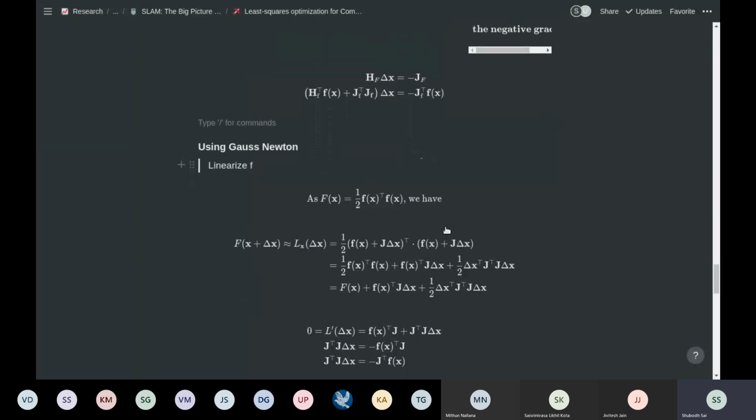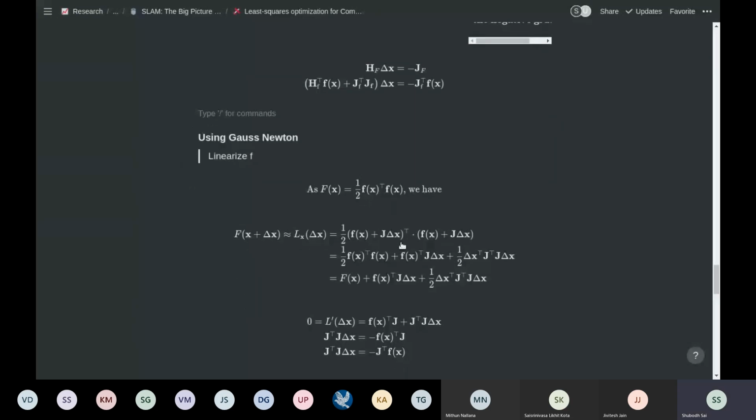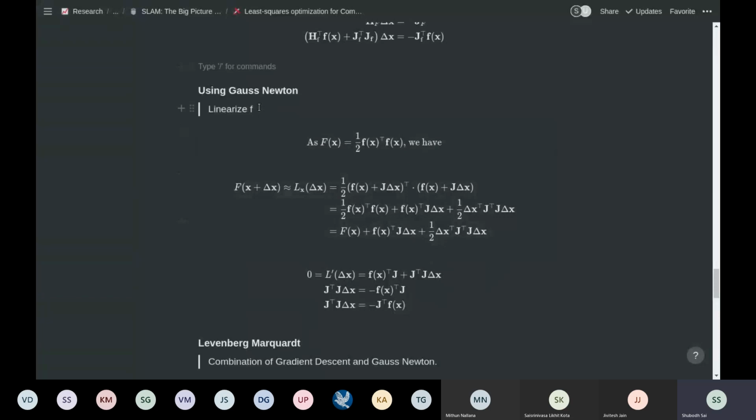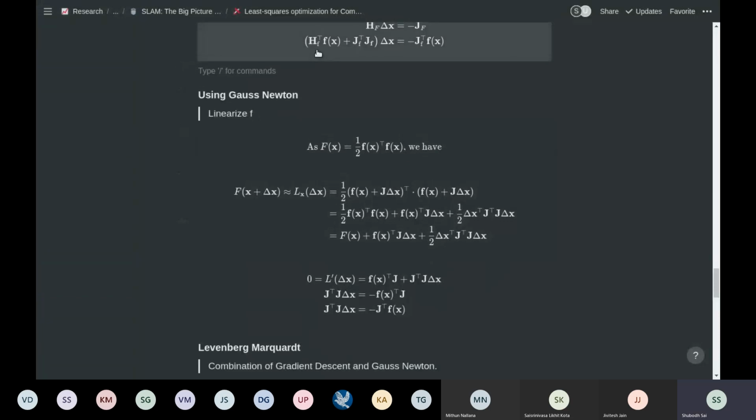Another way would be to linearize small f. In standard textbooks you'll see they just say capital H I can approximate as Jacobian transpose into Jacobian.